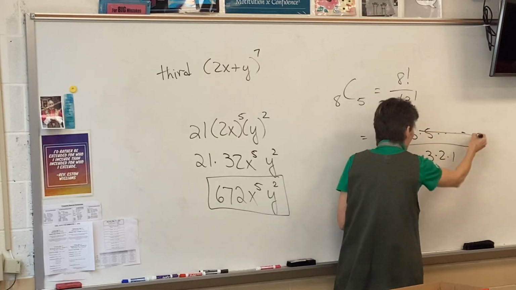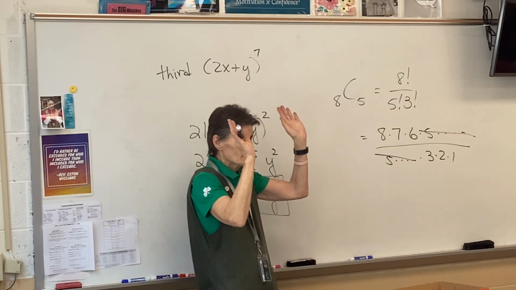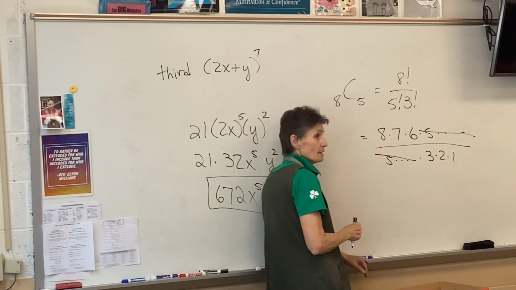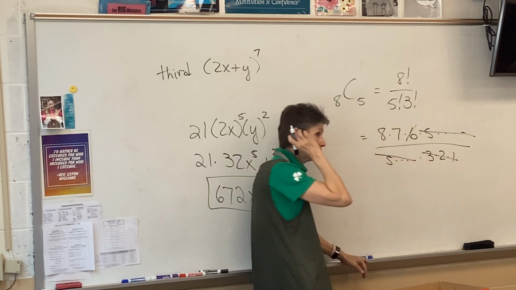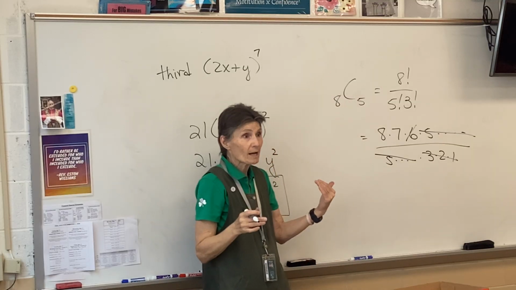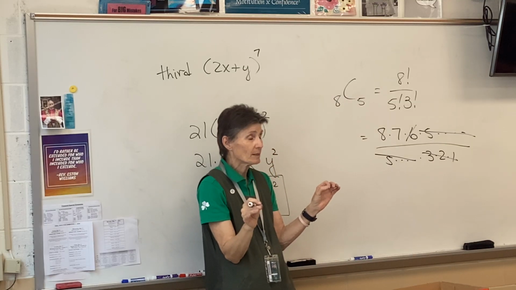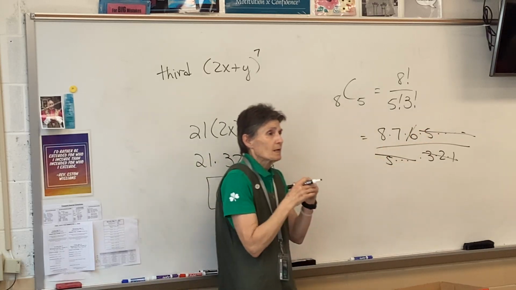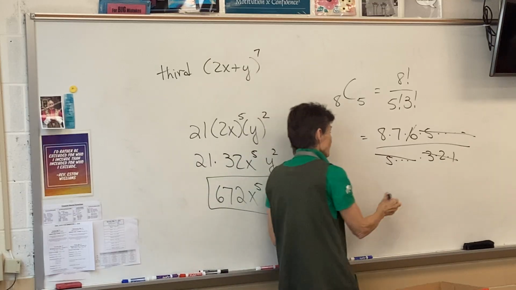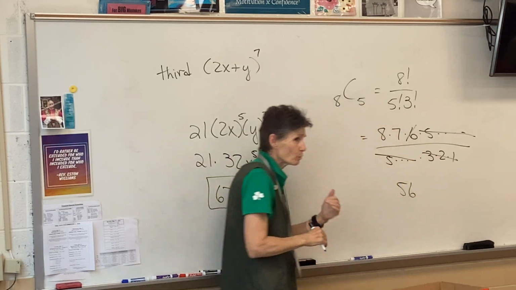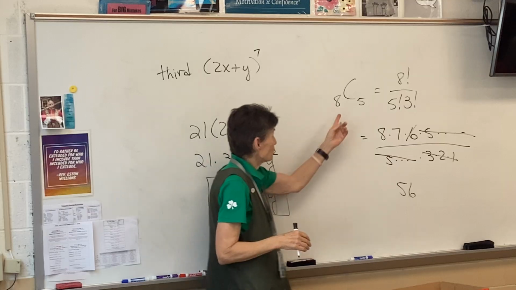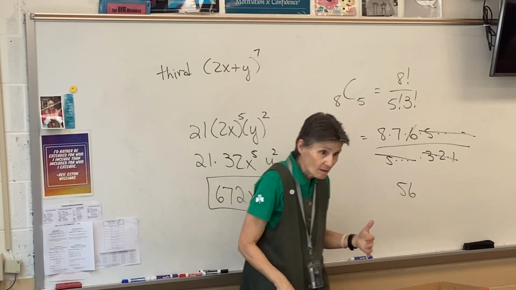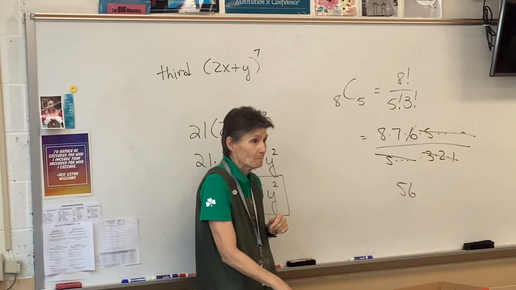So from the 5s down, it's gone. And then 3 times 2 is 6 to cancel with that one. Now you can go to your calculator. You lost the entire denominator. So if you need your calculator to help you, because sometimes you're left with no numbers, then you can, and the answer is 56. And then, of course, you can check that on your calculator, because if you type in 8C5, it better say 56. If it doesn't, then you know you messed up, right?